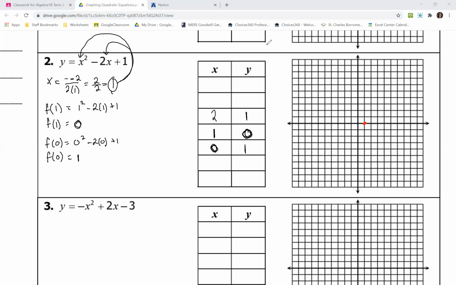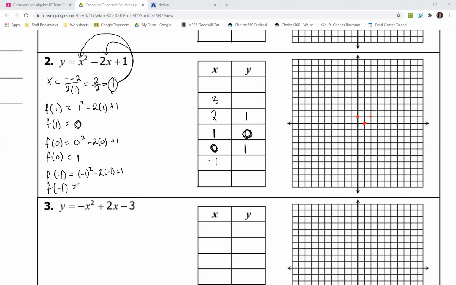So let's go ahead and plot those points. (2, 1), that's going to look like that. And then (0, 1), that's going to look like that. Let's do one more set of points. Let's do the 3 and let's do our -1. Now you can decide whichever one you think might be easier to plug in, -1 or 3. I might plug in f of -1. So -1 squared minus 2 times -1 plus 1.